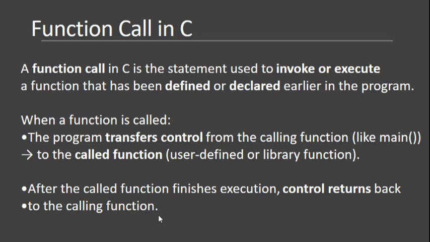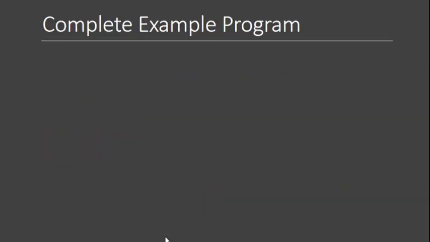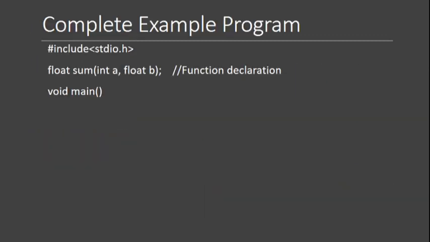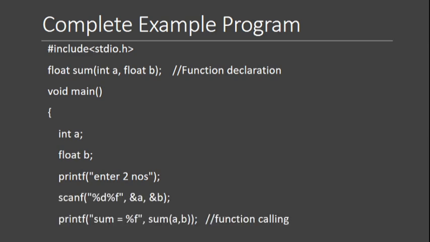After the called function finishes, execution or control returns back to the calling function. Okay? So all this I am going to explain in this program. What is a function declaration, what is a function definition, and how you are going to call the function. Everything I'll explain through a program.